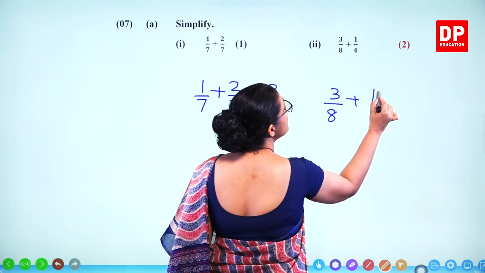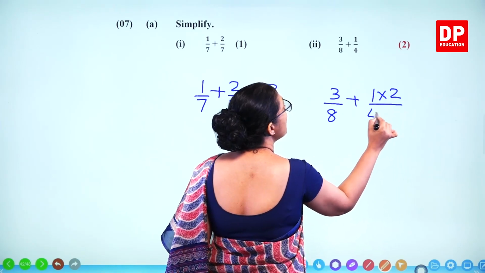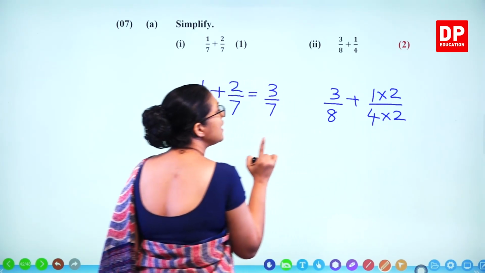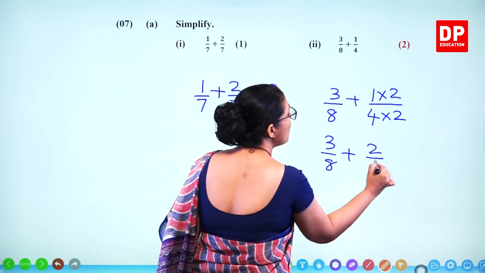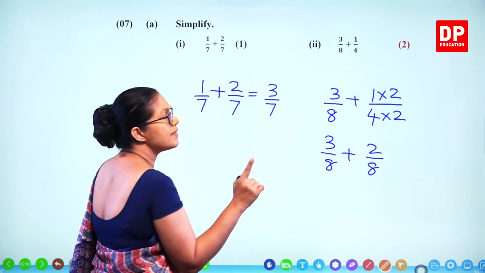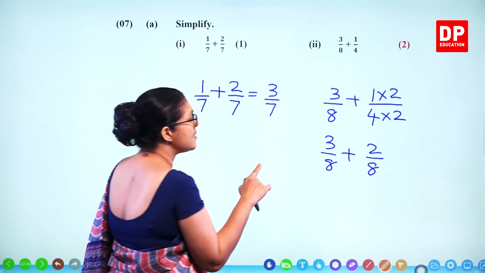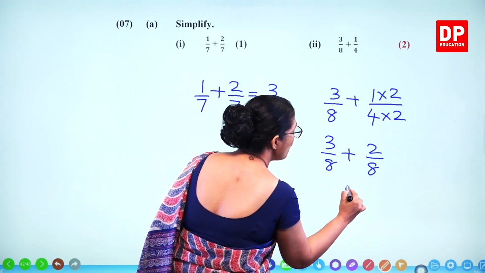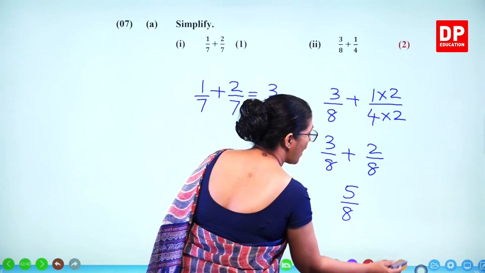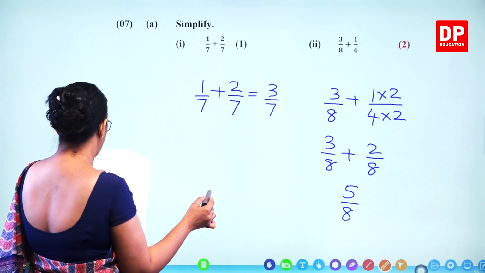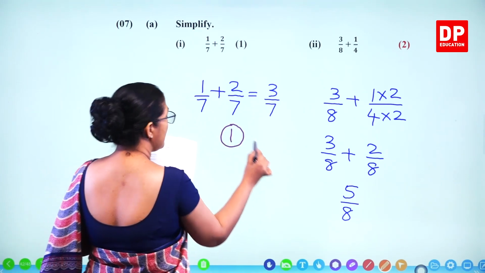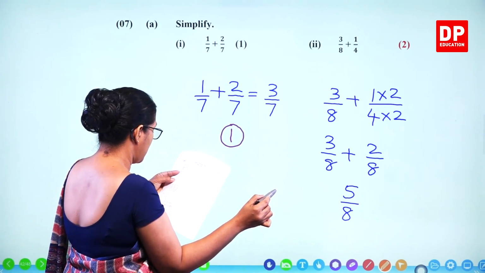So you can multiply both the numerator and the denominator by 2 to get 8. 3 over 8 and 2 over 8. Now you can add the numerators because the denominator is the same. 3 plus 2, 5. So you get 5 over 8. So 3 over 7, just 1 mark here. 5 over 8, 2 marks.